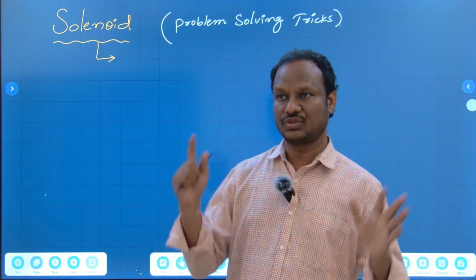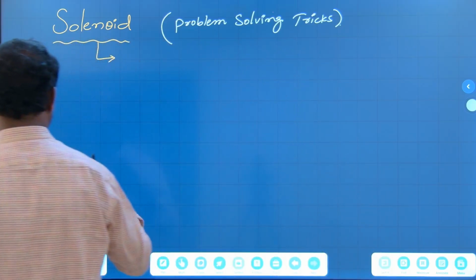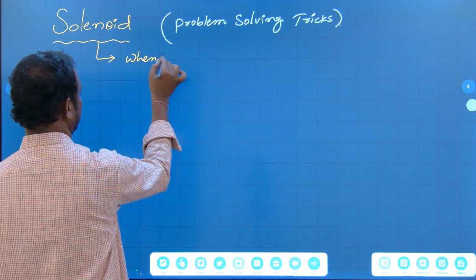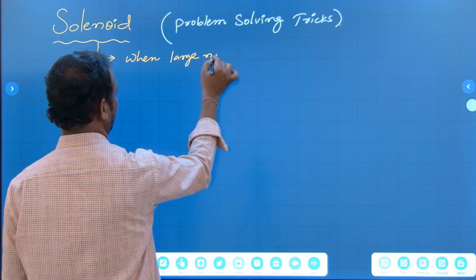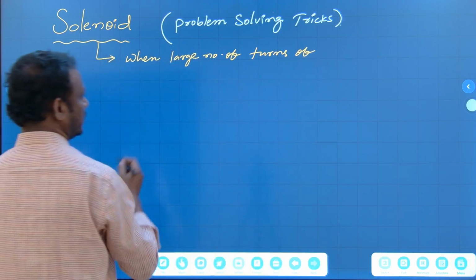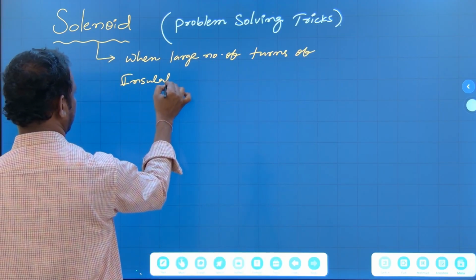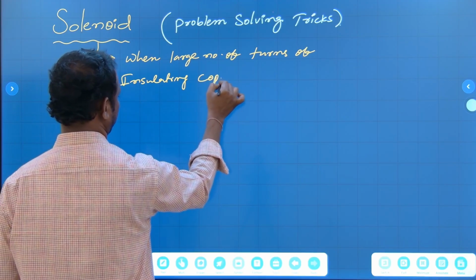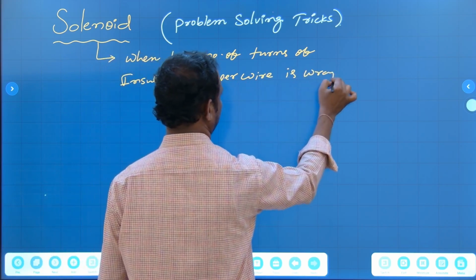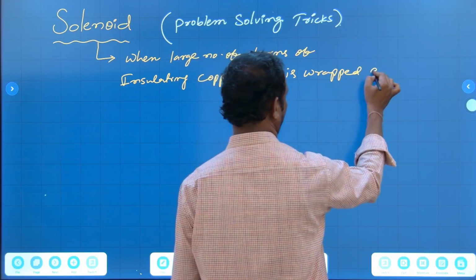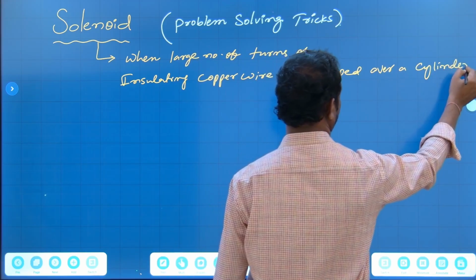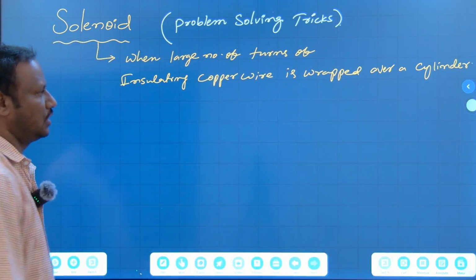So a large number of turns of insulated copper wire is wrapped around a cylinder. That is what a solenoid is.